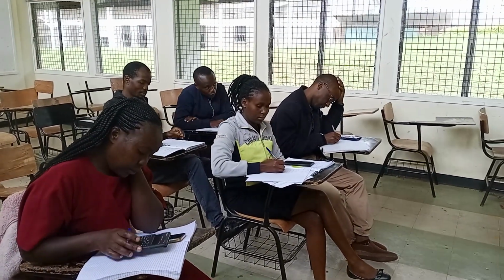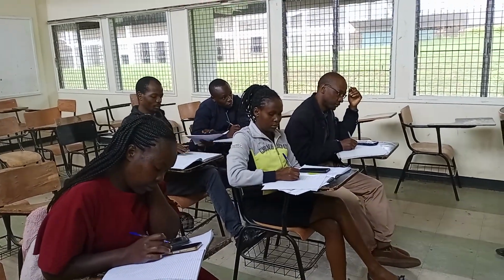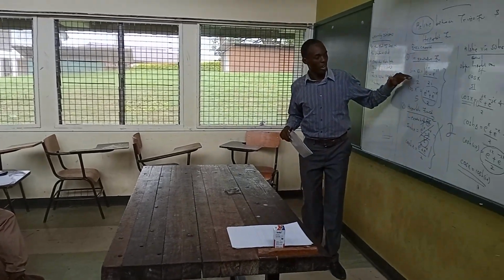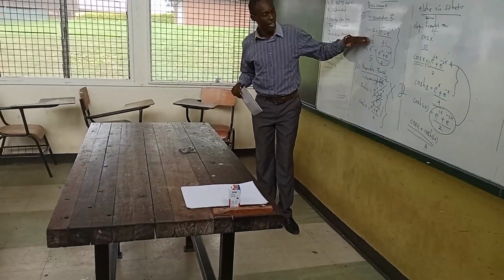I want someone to come and try to evaluate the one for sine x. You can do that in your books, in pairs or individually if you can. Just follow the same procedure. Use the basic concept of sine x that we have already been given.